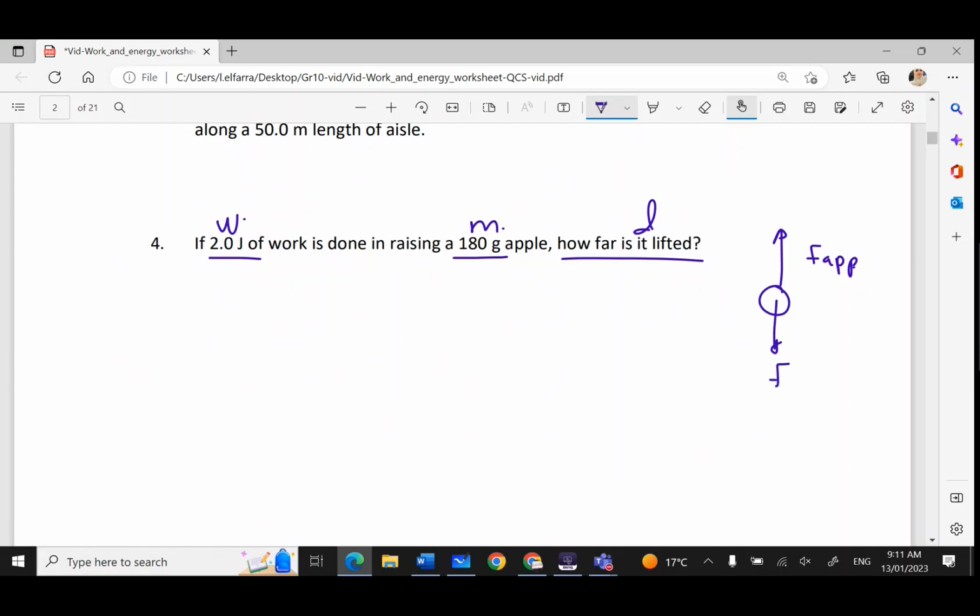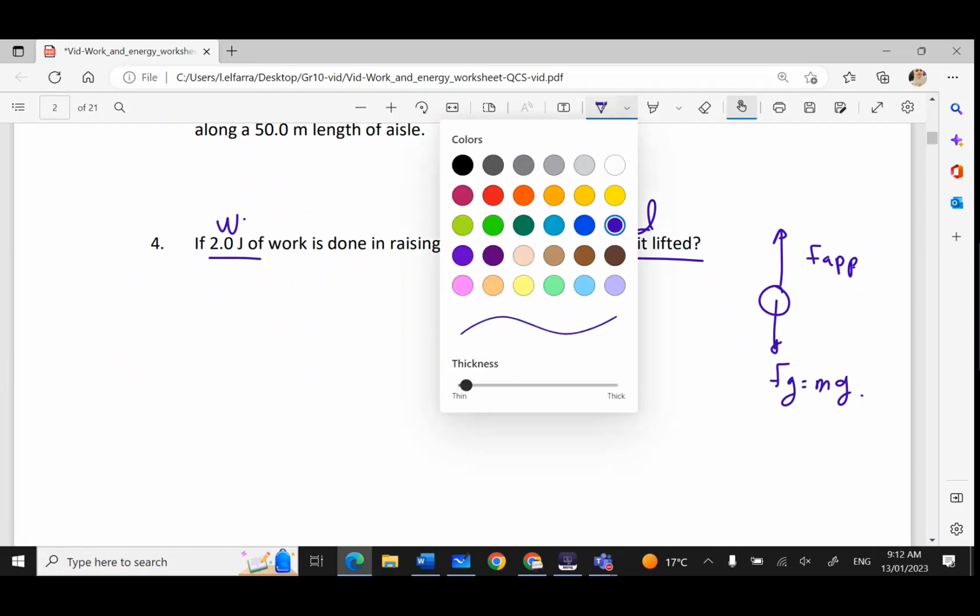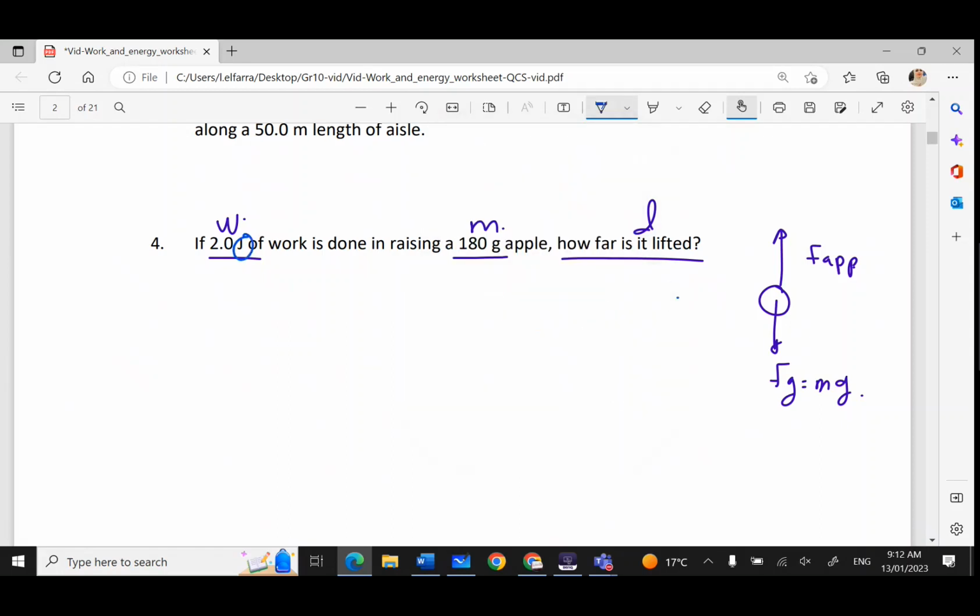Now, how can I find the weight of the apple? It is mass times free fall acceleration. But remember, before solving any physics questions, you have to make sure that the units are consistent. Here, joule is an SI unit, while gram is not an SI unit.